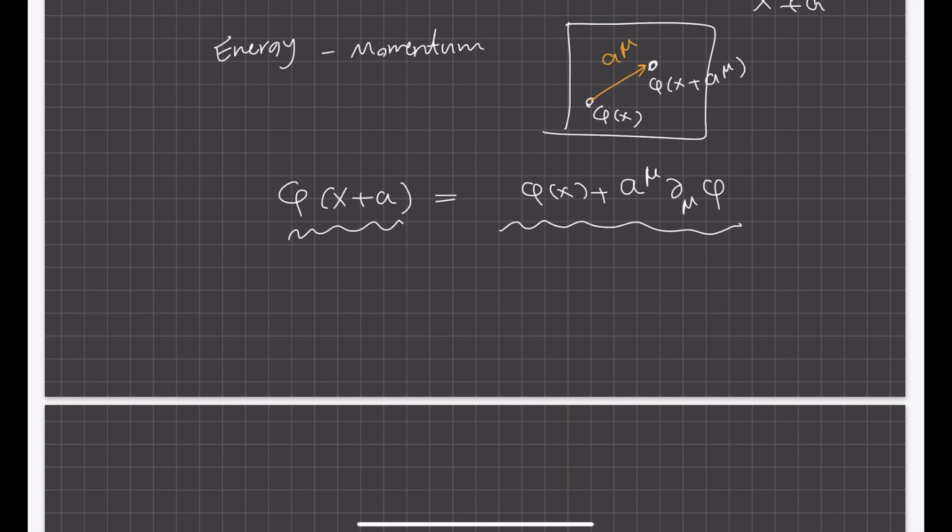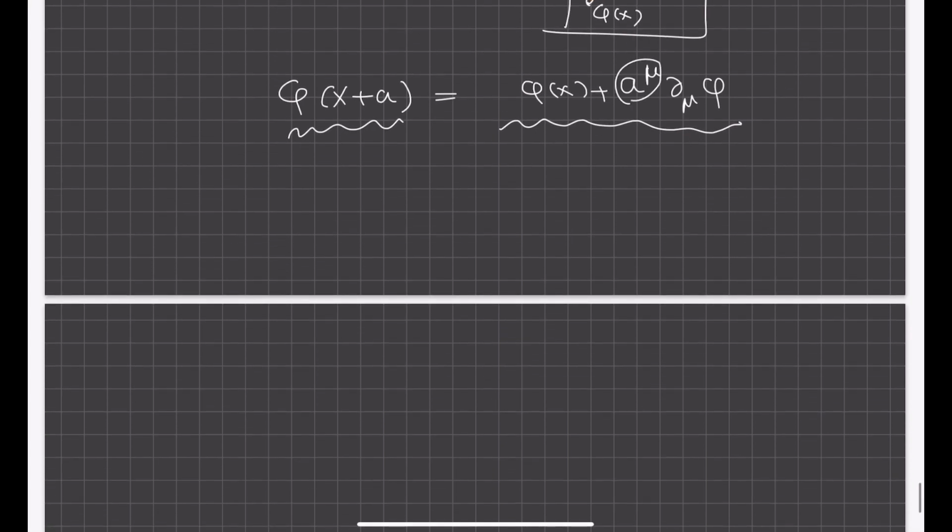We know this is coming from the Taylor expansion. So if I have phi of x plus epsilon, then I can expand it in terms of phi of x0 plus epsilon times the derivative of phi at the point x0. So the precise mathematics is like that.